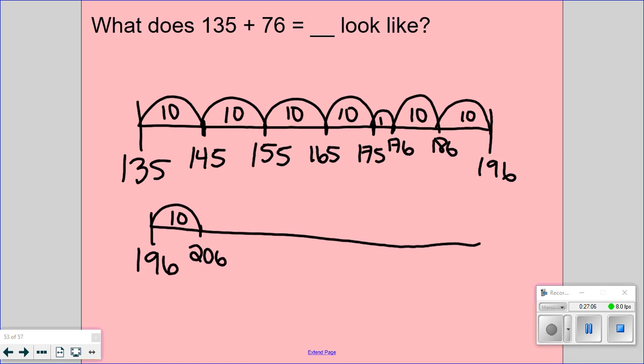Ready? 10, 20, 30, 40, 41, 51, 61, 71. I've got to go 76. I've gone 71.